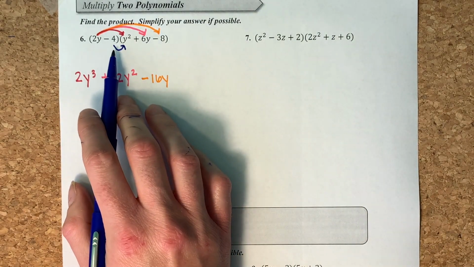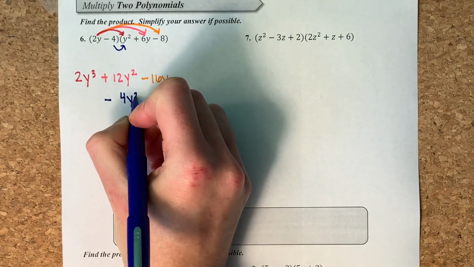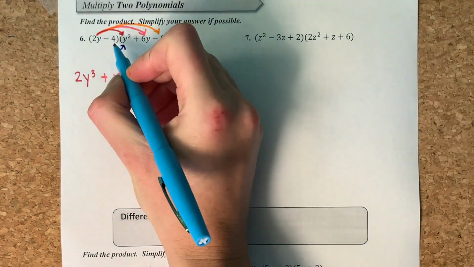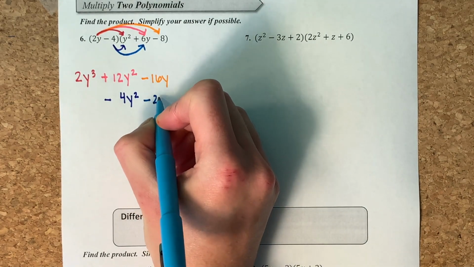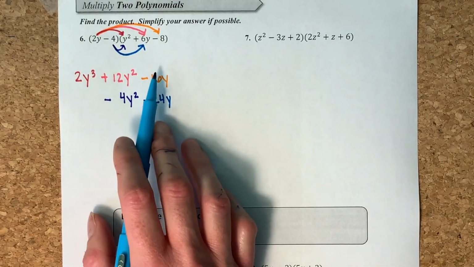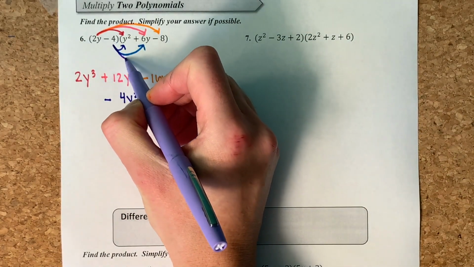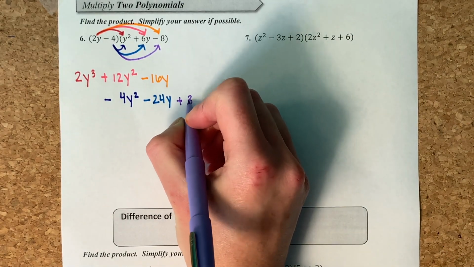So I'm going to write the negative 4y squared directly below the 12y squared. Then let's multiply the negative 4 times the 6y, and that will give us negative 24y. And notice I've aligned the y terms here. And then we're going to take the negative 4 and distribute it to the negative 8. Negative 4 times negative 8 will give us positive 32.